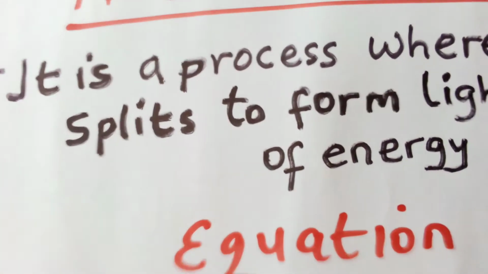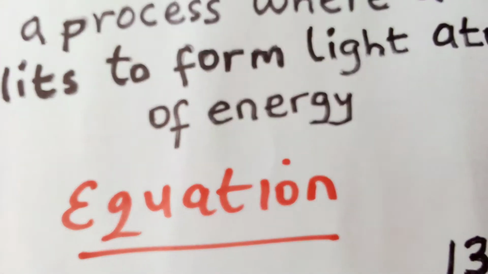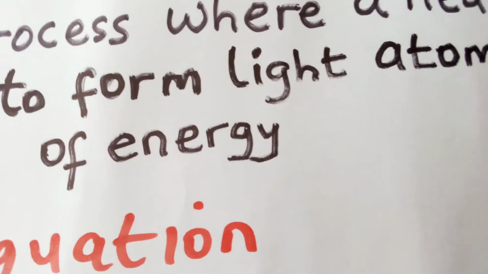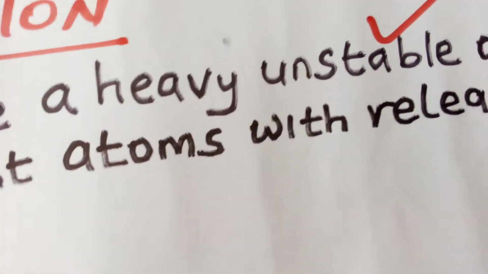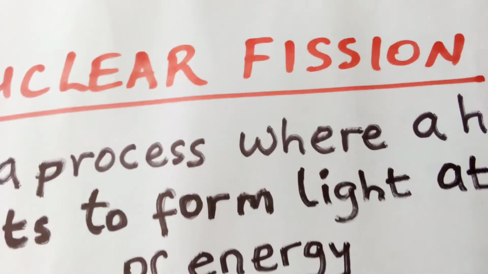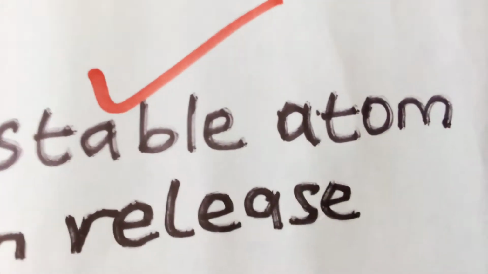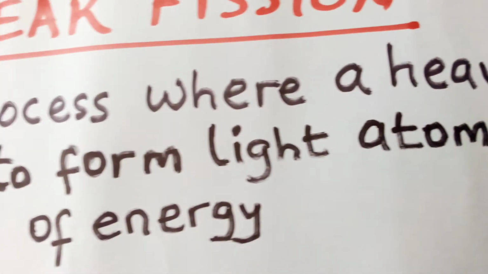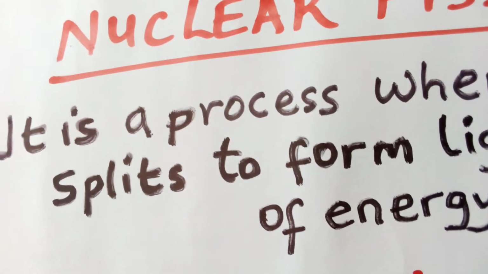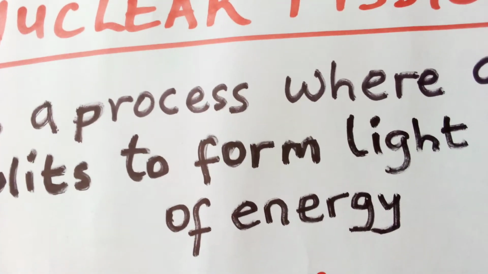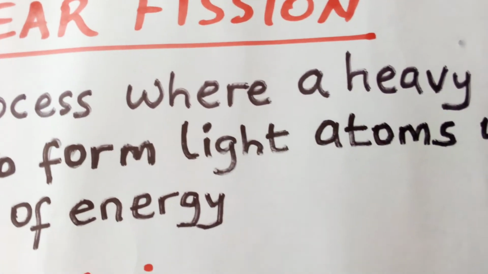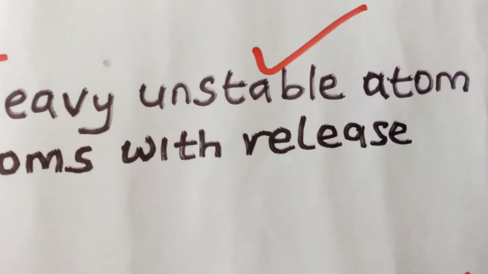It is also a process, but here you have a heavy unstable atom. It is a process where a heavy unstable atom splits, and after splitting, it forms light atoms with the release of energy.